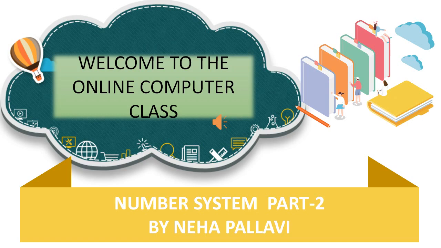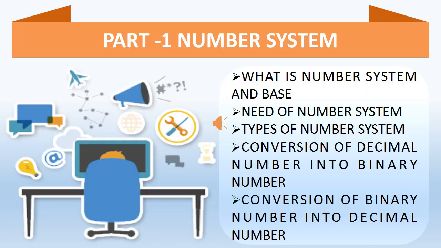Let's see what we have studied in part 1 in the previous session. Students, in part 1 of number system, we read about what is number system and what is base. What is the need of number system? Types of number system, that is decimal number system, binary number system, octal number system and hexadecimal number system.